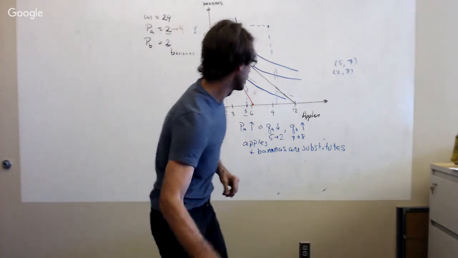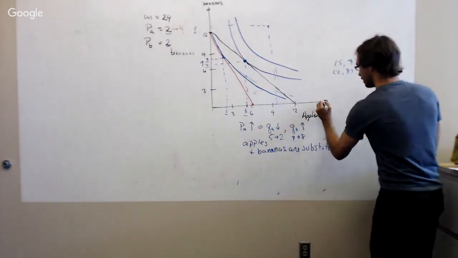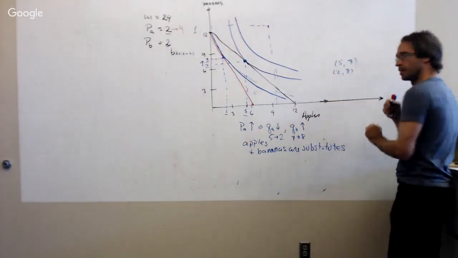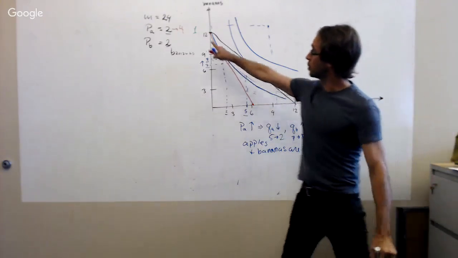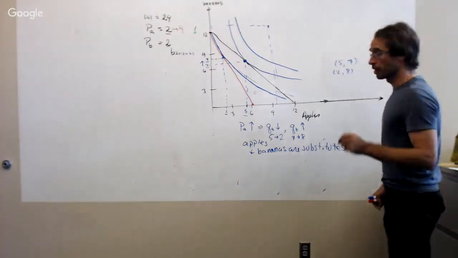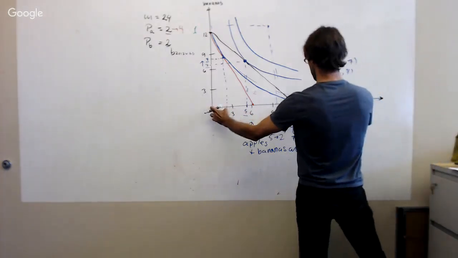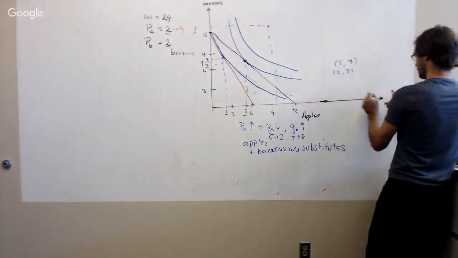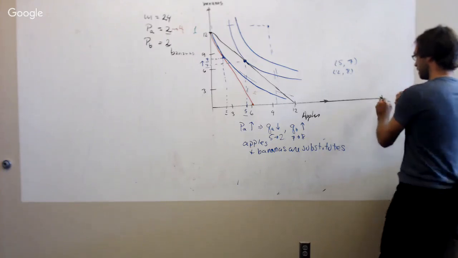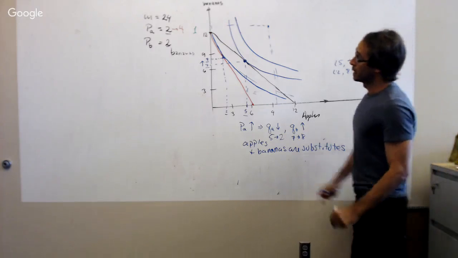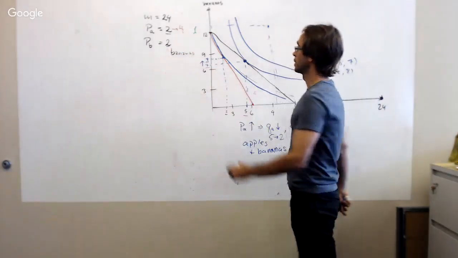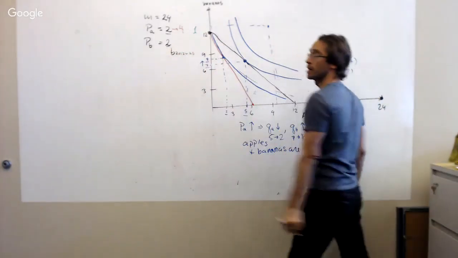We might need a little bit more. Can we see that? Yes, we can. Well, if the price goes to 1, you have $24. Now you can afford 24 apples, which is way out here. But the price of bananas didn't change, so you can still afford 12 if you spend all your money on bananas.